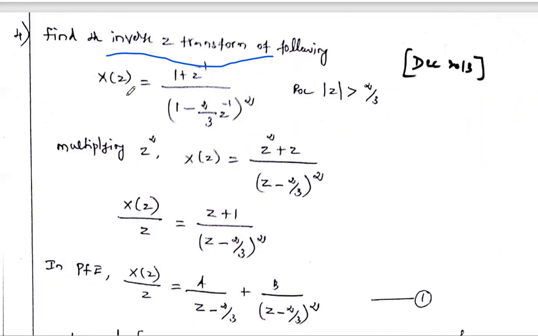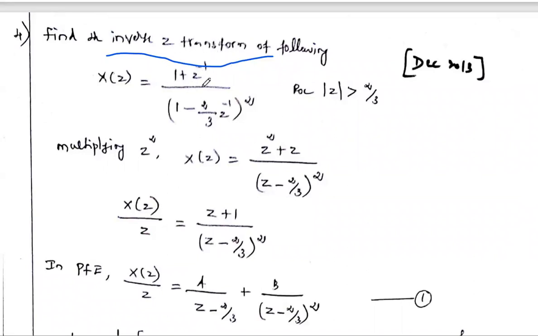First, the given X of Z consists of inverse Z powers. The first step is to convert the negative Z powers into positive Z powers by multiplying both numerator and denominator by Z squared.